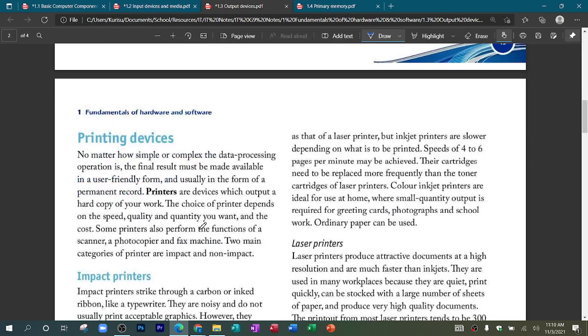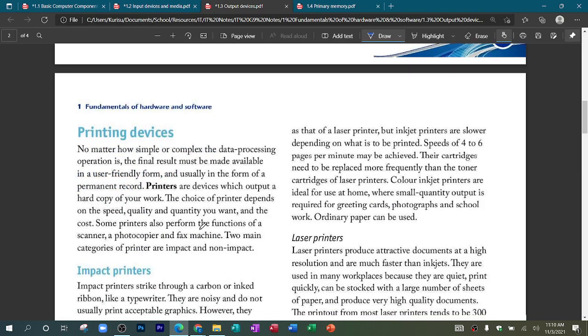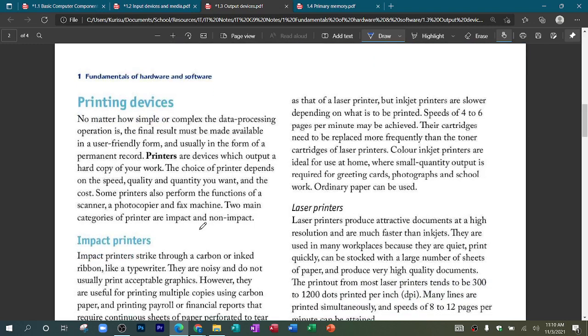So the next type of device that we covered is the hard copy device, the printing devices. Those are the hard copy devices. Printers have two types also. Just like your output device has two types and your input device has two types, your printer has two types also.